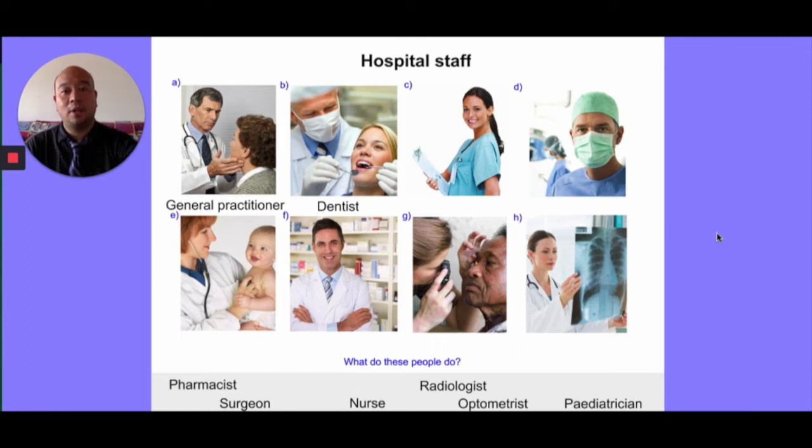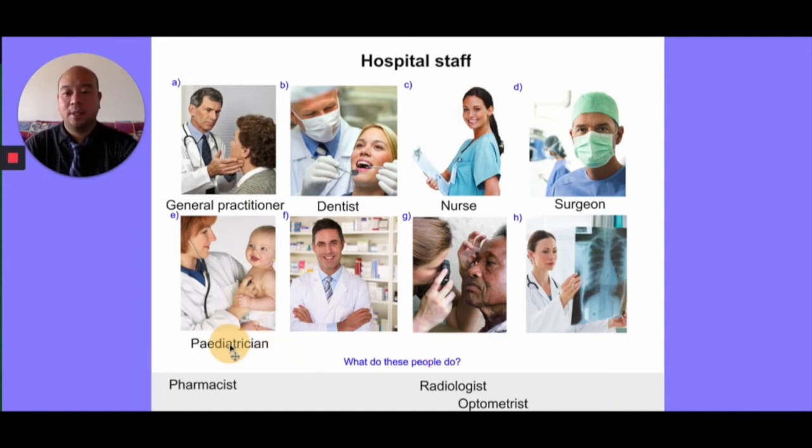How about this girl in picture C? Who is she? She is the nurse. Over here, picture D. This man is the surgeon. Picture E, holding the baby. Who is this woman?